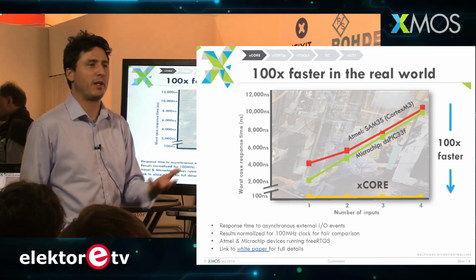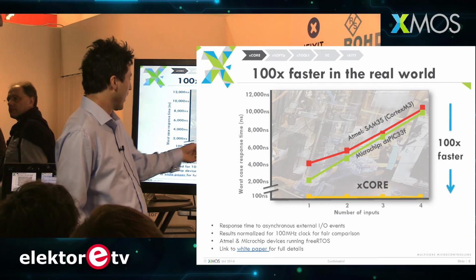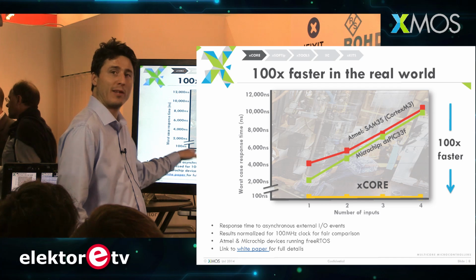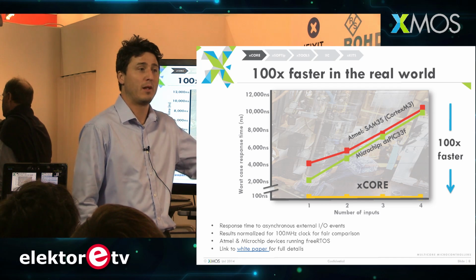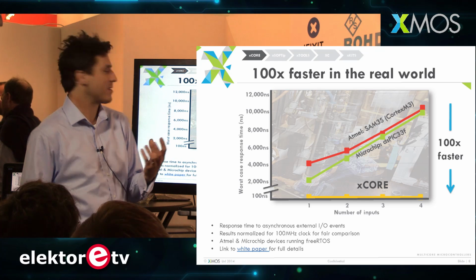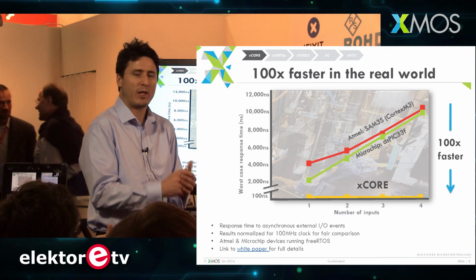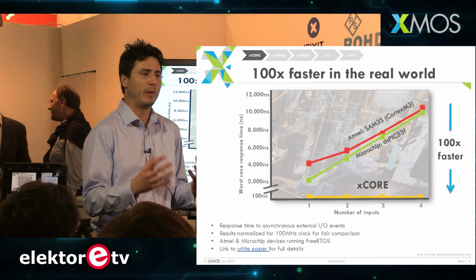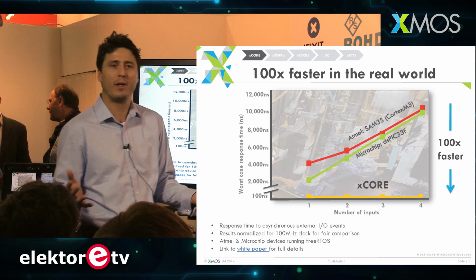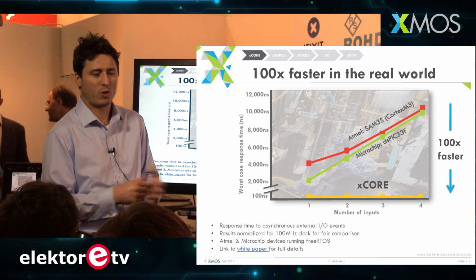What does that bring to you in your application? So again, we react very fast, in around 100 nanoseconds, to an event, and the reaction time stays constant. So that means you can scale the number of events that you're processing. You can scale the I/O events or the PWM control, for example.